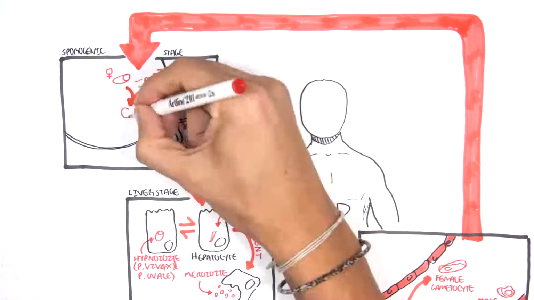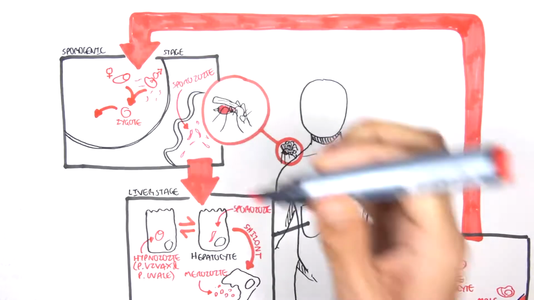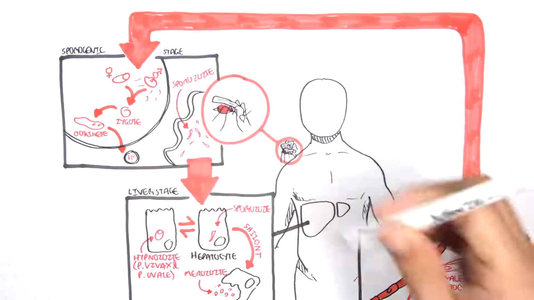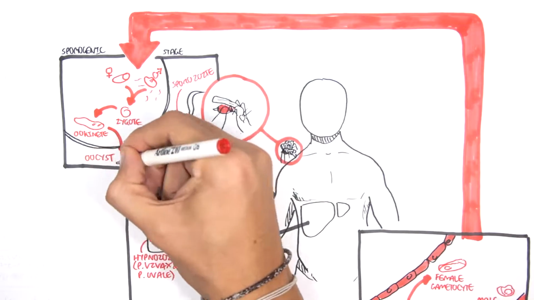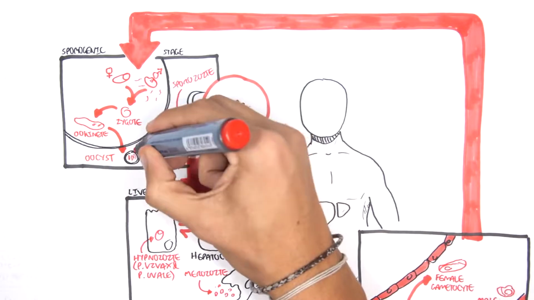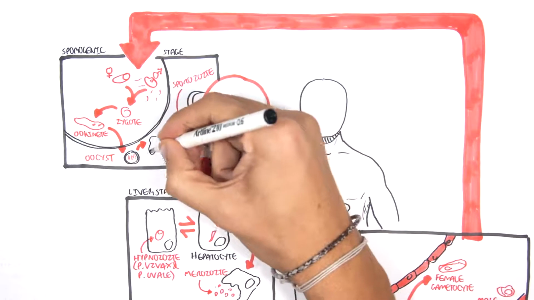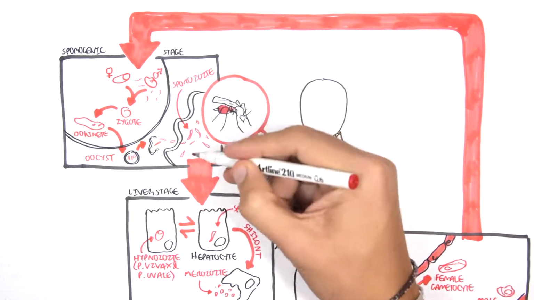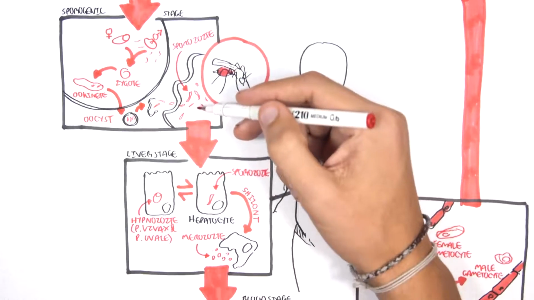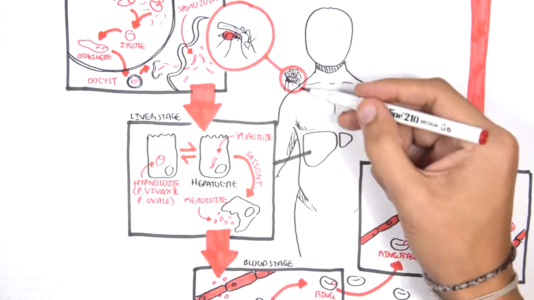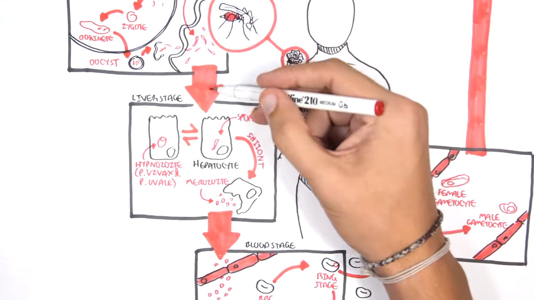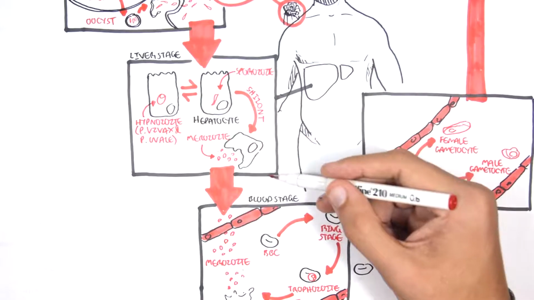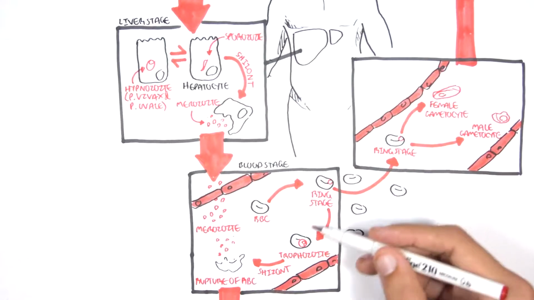The zygote will mature into an ookinete, then be released by the stomach as an oocyst. The oocyst then matures and ruptures, releasing its content, which are the sporozoites. The sporozoites, as we know, will remain in the salivary glands until the infected mosquito feeds again. It will feed off humans again, and then this whole cycle can continue.